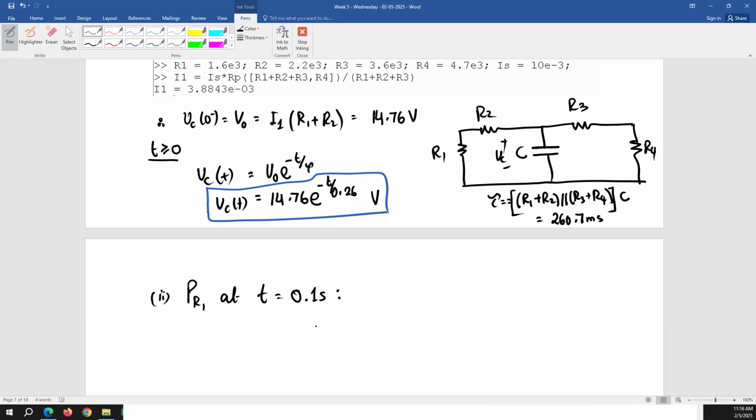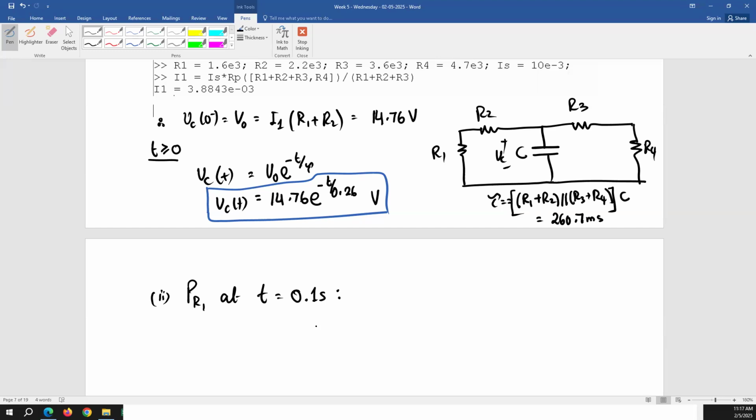So first you're going to find the value of VC at 0.1 second, because that value is going to be used as a source voltage. Since R2 and R1 are in series and the voltage across them is VC, we can apply voltage division on R1 and R2, find the voltage across R1, square that, divide by R1, and that would be the power in R1.